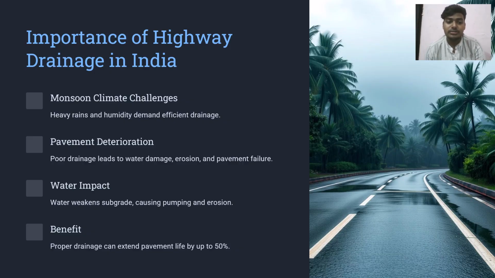Pavement deterioration: poor drainage leads to water damage, erosion, and pavement failure. Water impact: water weakens the subgrade, causing pumping and erosion. Benefits: proper drainage can extend pavement life by up to 50%.